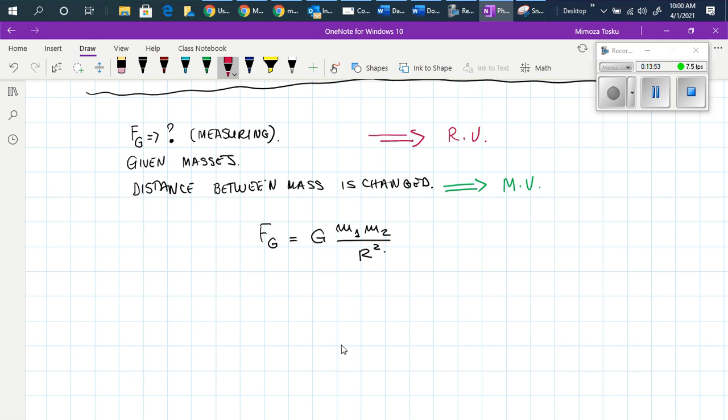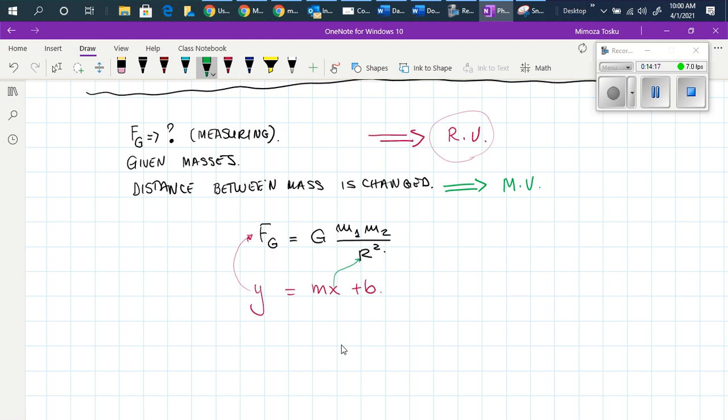Our objective is to mirror this with y equals mx plus b. Now our y is the universal force of gravity, because this is our responding variable, and our x is the distance.